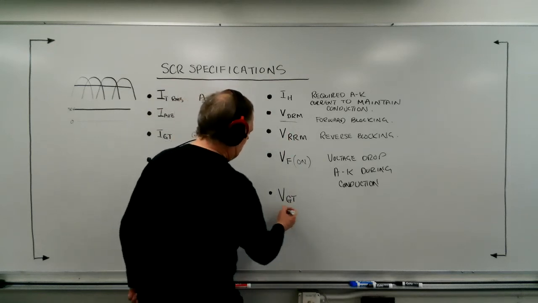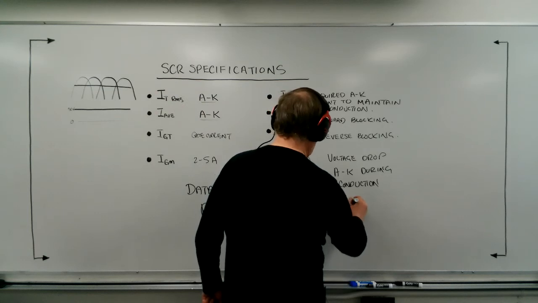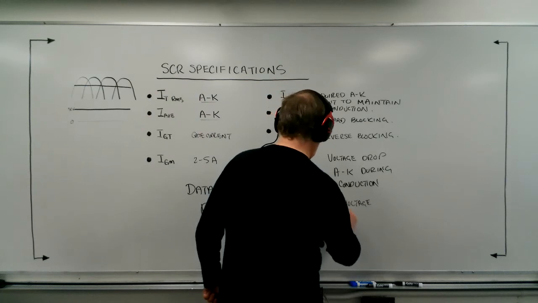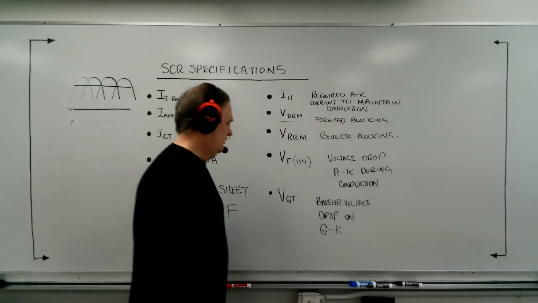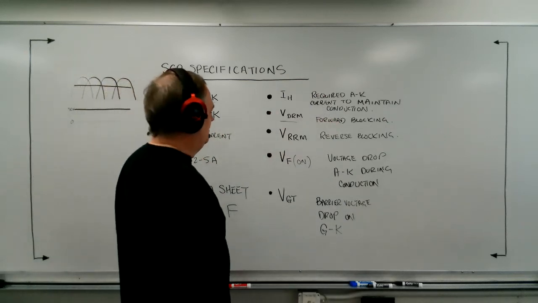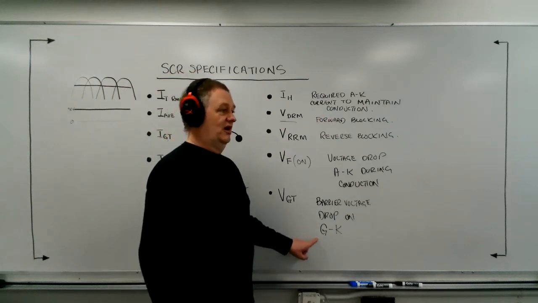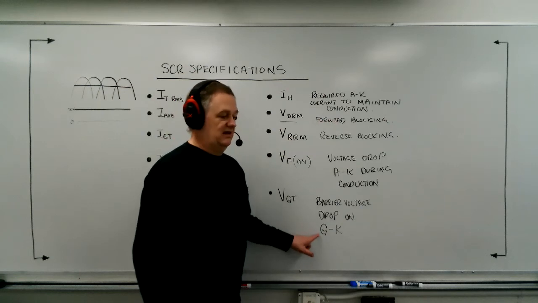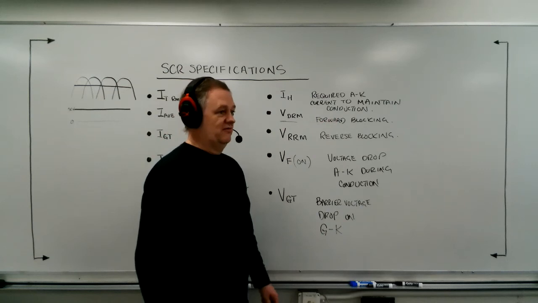So this VGT is the barrier voltage drop on the gate to cathode. Barrier voltage drop, gate to cathode. And now this also has a reverse voltage rating. It's a very small amount of voltage, usually only about 5 volts.